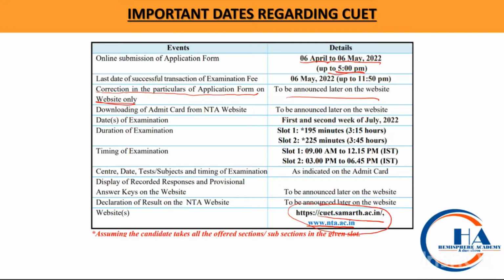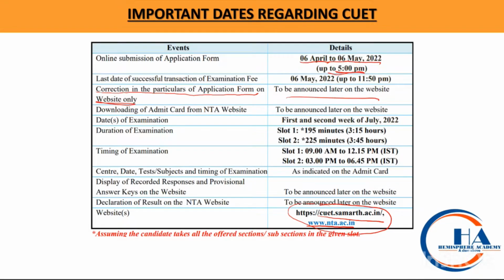The date of examination, we only have the weeks, that are the first and second week of July. The duration of examination, it will be held in 2 slots. First slot being 195 minutes, that is 3 hours 15 minutes, and slot 2 225 minutes, 3 hours and 45 minutes.